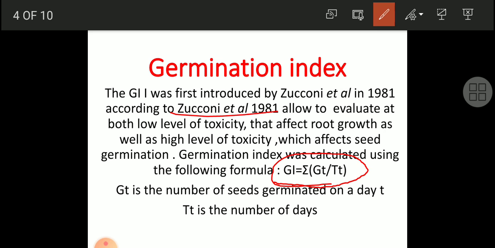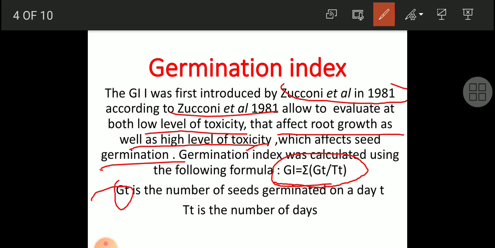The germination index was first introduced by Zucconi et al. According to them, it allows evaluating both the low level of toxicity that affects root growth as well as the high level of toxicity which affects seed germination.